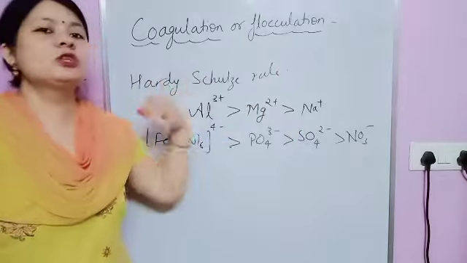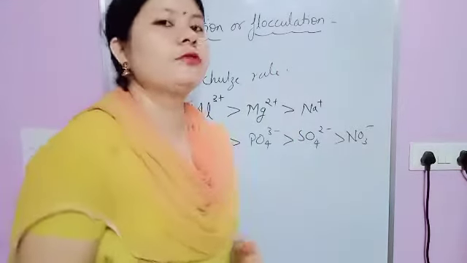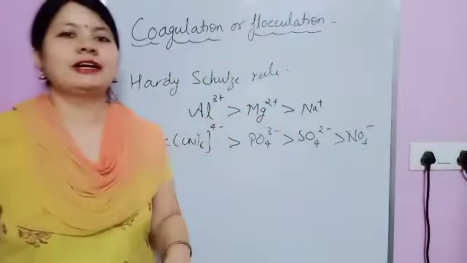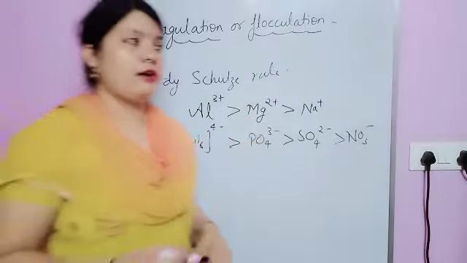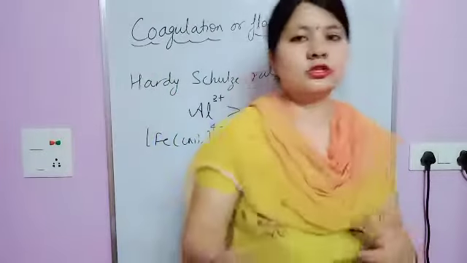That will decide which electrolytes are responsible for effective coagulation, कि किसका कितना ज़्यादा इफेक्ट होगा. Now on this basis you have board questions also, बहुत सारे questions हैं, आ भी सकते हैं.